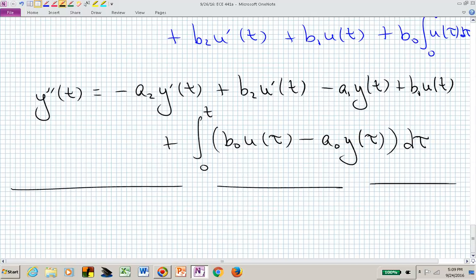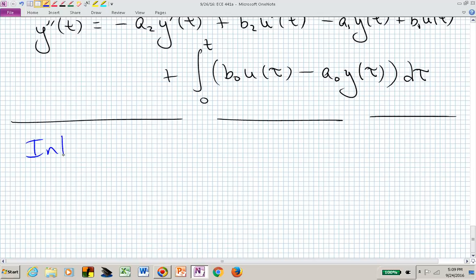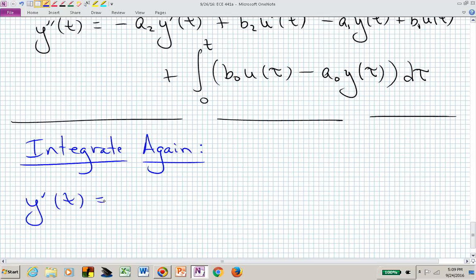And really what I'm trying to do is find an expression for y of t. And I started with the third derivative of y, and that was a third order differential equation. You would expect that I'm going to need to have three integrals in my block diagram. So let me now integrate again. And that now tells me that I have y prime of t on the left. I have a minus a sub 2 y, and I'm going to forget some of the arguments, plus b sub 2 u.